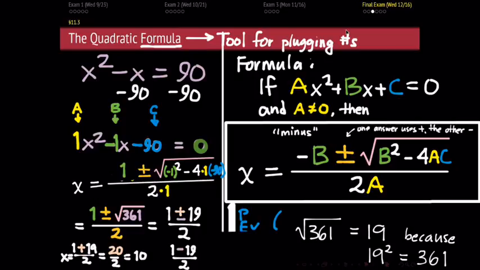This is another place where it's easy to screw up signs. So 1 minus 19 is negative 18. Negative 18 divided by 2 is negative 9. And so at the end of the day, there are those 2 solutions that those of you on the window side of the classroom found for this equation by factoring.